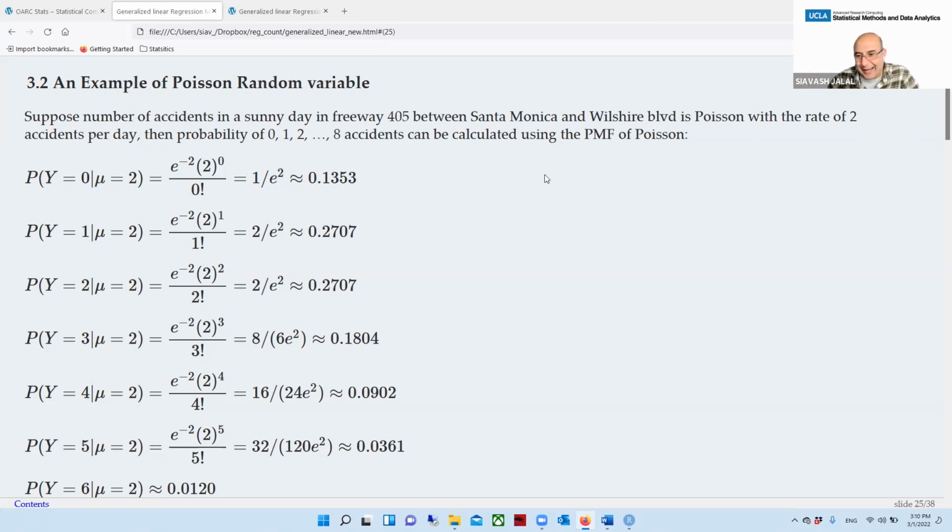There is no rain. We assume that the rate, or on average, the number of accidents is 2.